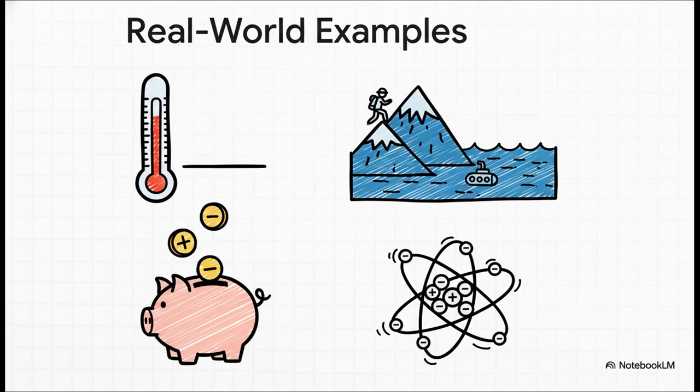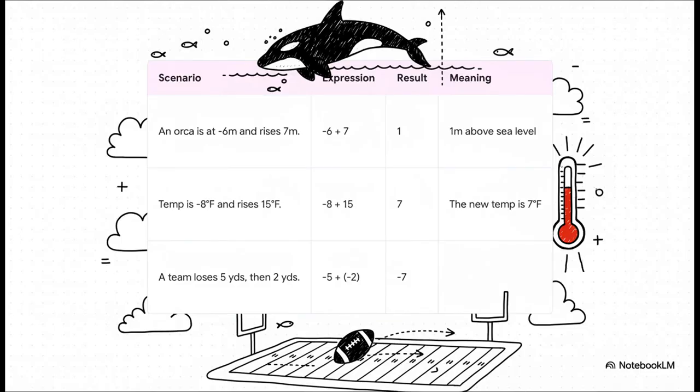It's the entire basis of finance with credits and debts, and it even explains the fundamental charges of protons and electrons in chemistry. And just look at how cleanly the math translates. An orca starting 6 meters below sea level, that's -6, and then rises 7 meters, it ends up at +1, or 1 meter above the water. If the temperature is -8 degrees and it warms up by 15 degrees, the new temperature is +7. The logic is so consistent and so powerful.